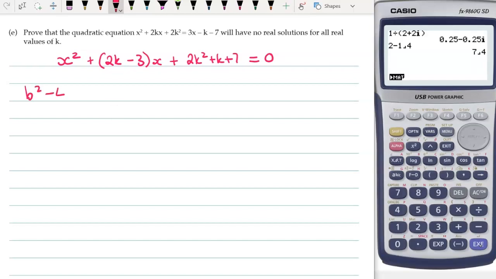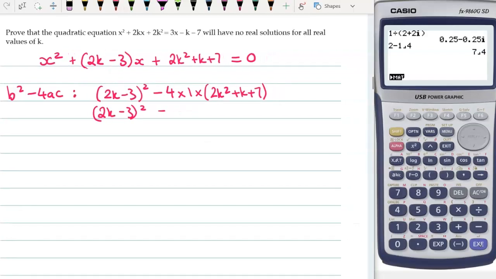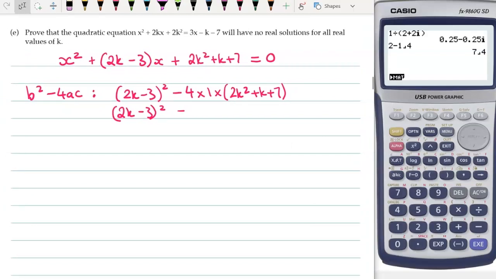Now b squared minus 4ac becomes 2k minus 3 squared minus 4 times 1 times 2k squared plus k plus 7. So 4 times 2k squared gives me 8k squared minus 4k minus 28.